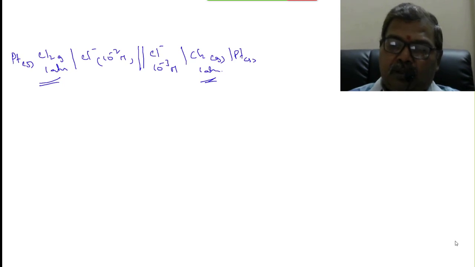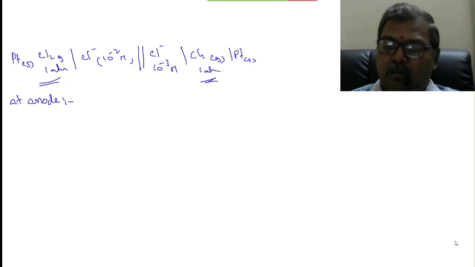First write the reaction at anode. What is the reaction at anode? Oxidation reaction. Therefore 2Cl minus, or you can write Cl minus, because electrode potential values are intensive properties, right? No need to take 2 also because we have to cancel that.